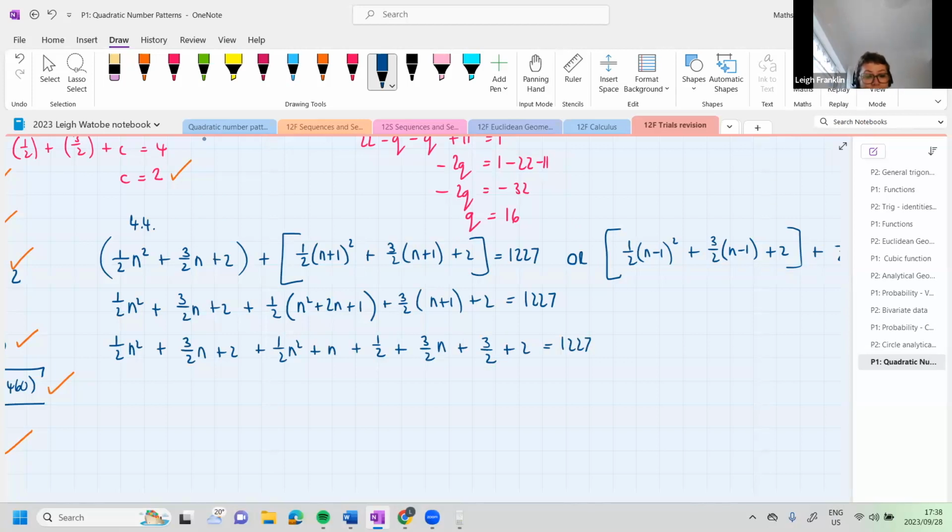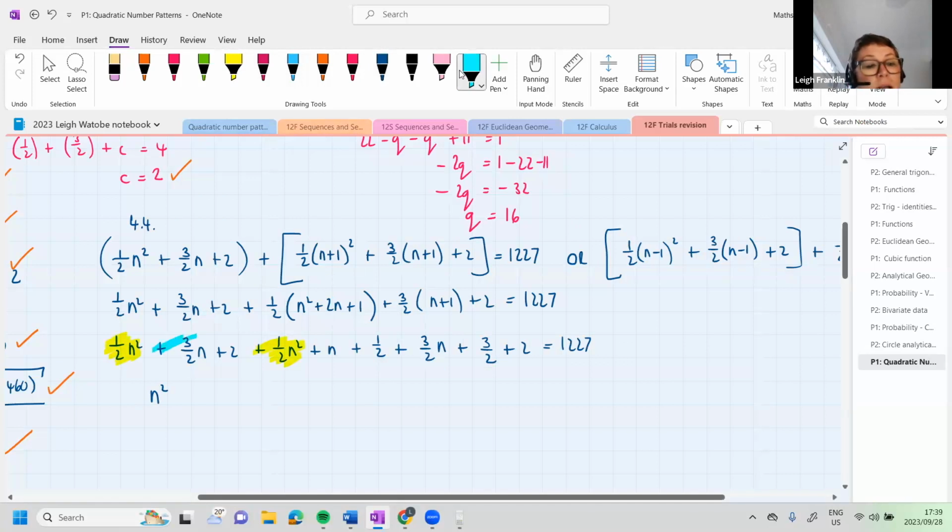Let's collect together our like terms. We've got an n squared term over here and an n squared term over there. Half n squared plus half n squared is going to leave us with n squared.